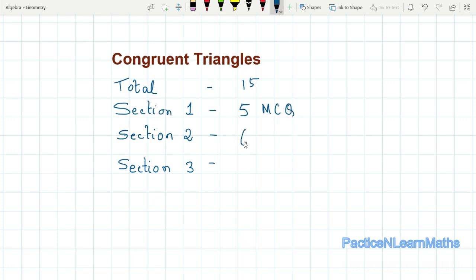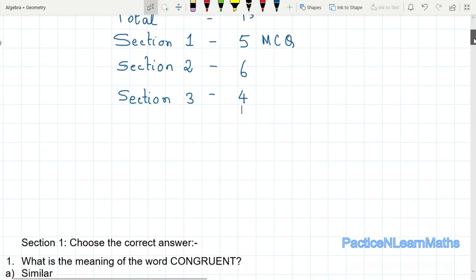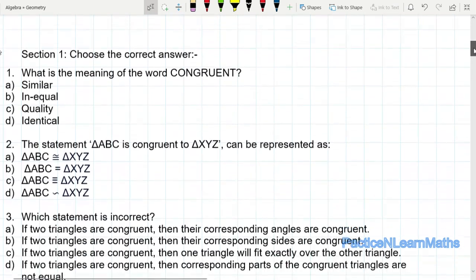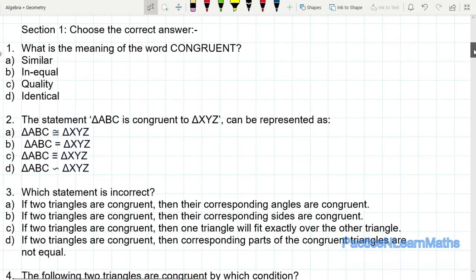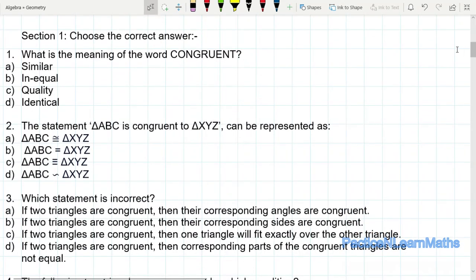Section 2 will consist of 6 easy questions for practice. Section 3 will consist of 4 questions which will be a little difficult. After section 1, I will be giving you certain important points on congruency which will summarize the entire topic and will help you to solve problems of section 2 and 3.